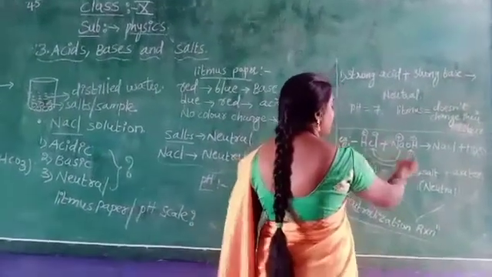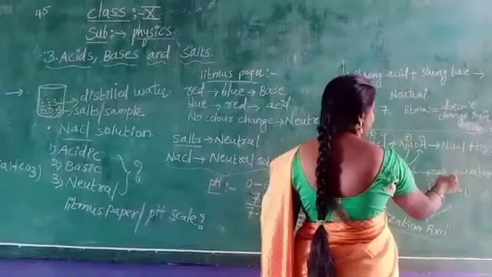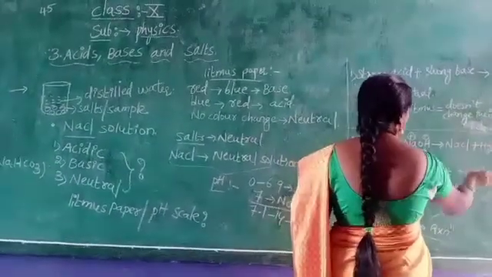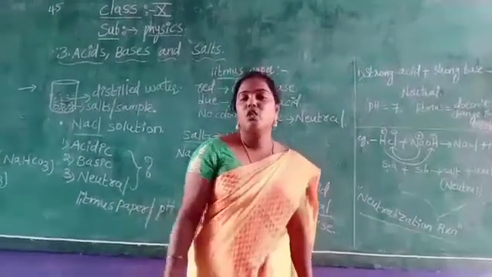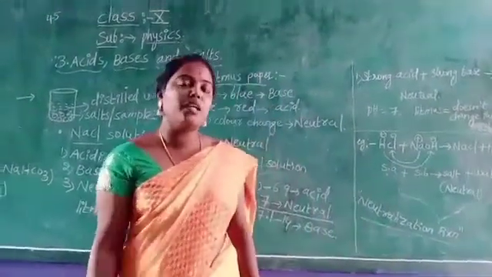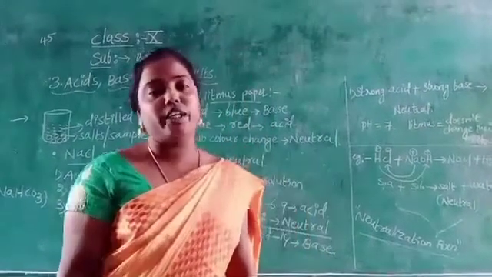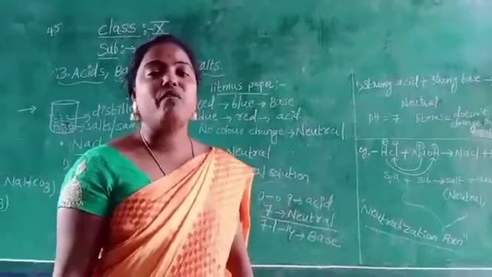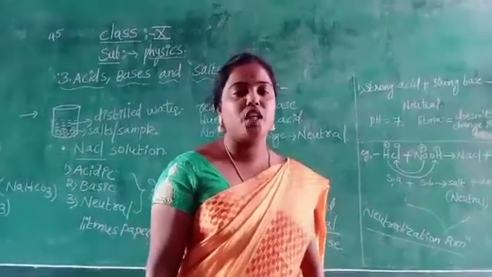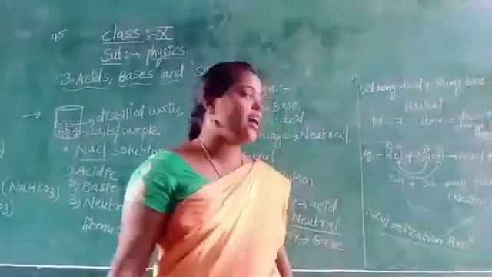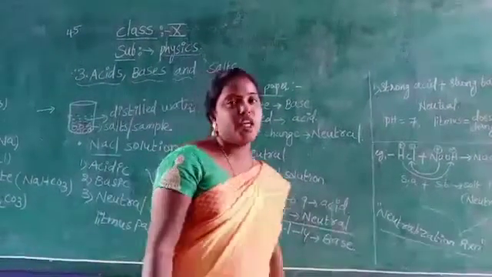Both react with each other to form NaCl, that is a salt, and then water molecule. So finally what you observed? When a strong acid reacts with a strong base, it forms a neutral solution along with a water molecule. This type of reaction is called a neutralization reaction.